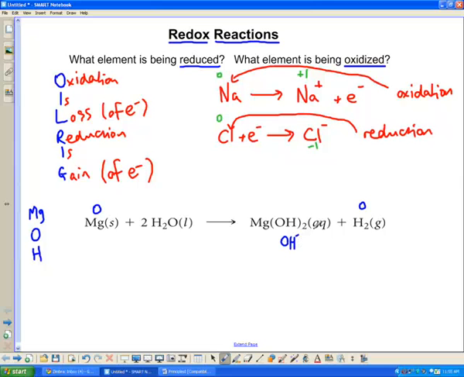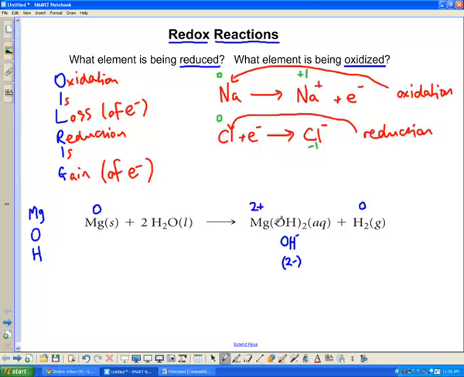And because of that, if we look at how many hydroxides we have, 2 hydroxides, both coming from the fact that oxygen's 2 minus, hydrogen's 1 plus, giving an overall of 1 minus. If we have 2 of those, then the overall negative charge for those 2 hydroxides is 2 minus. So therefore, can you guys tell what the charge on the magnesium must be? Because this is overall neutral. Well, the charge for the magnesium must be 2 plus.